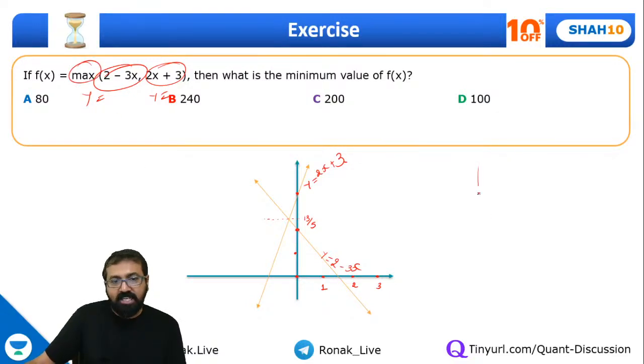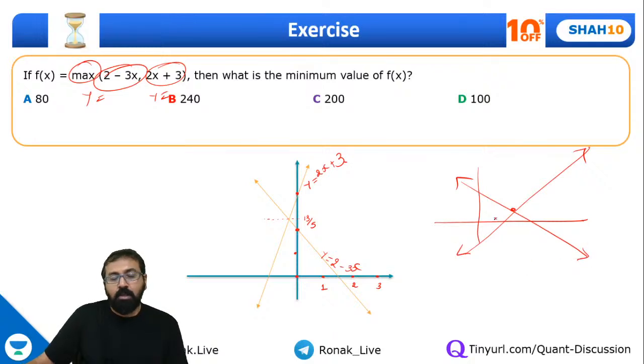Now guys, please understand, let me show you this one in a simple manner. Say there are two lines. Pay your attention and understand this part. If I am asked to take the maximum value, then for values of x up to this point, I'll take this value of f of x, and ahead of this one, I'll take this value of f of x.